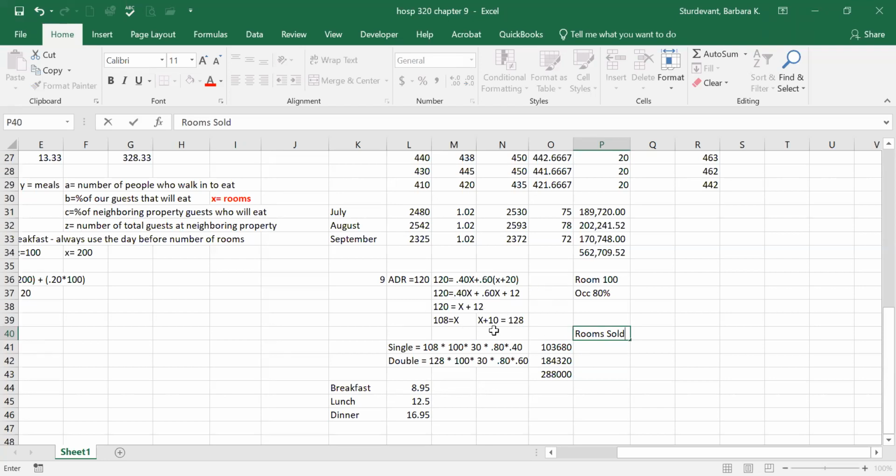By just doing it this way, we didn't actually come up with that number. So for single rooms, we have 100 rooms with an occupancy of 80% times 30 days. And then single rooms were 40%.